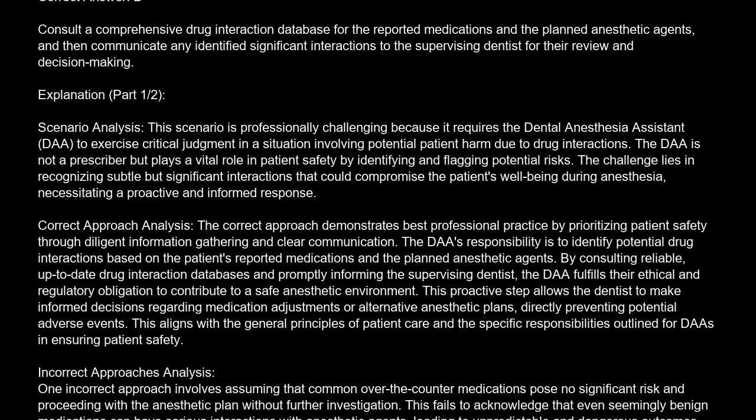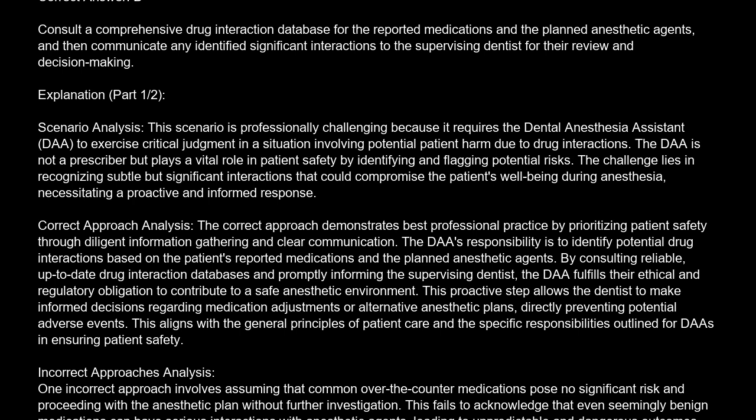The correct answer is B. Consult a comprehensive drug interaction database for the reported medications and the planned anesthetic agents, and then communicate any identified significant interactions to the supervising dentist for their review and decision-making. Explanation. Scenario analysis.